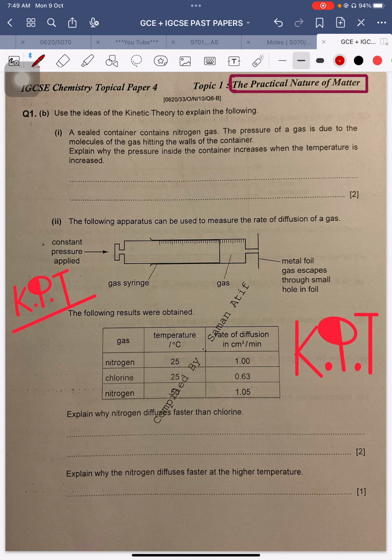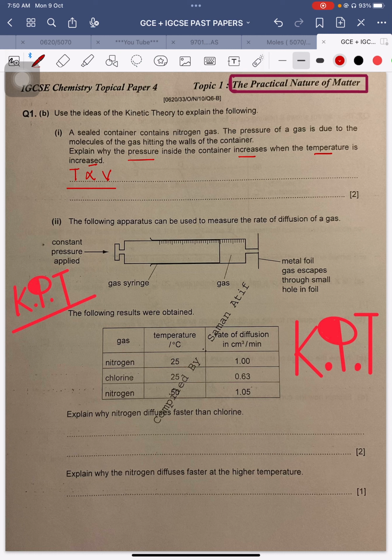I have taught it to you already that temperature is directly proportional to volume. It means that when temperature is increased, the kinetic energy of the particles will increase. As a result, volume will increase. And we are right now describing why the pressure inside the container is increasing when temperature is increased. If temperature is increased, particles will gain kinetic energy.